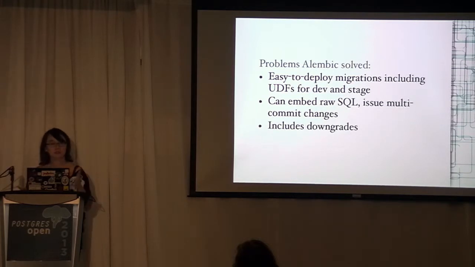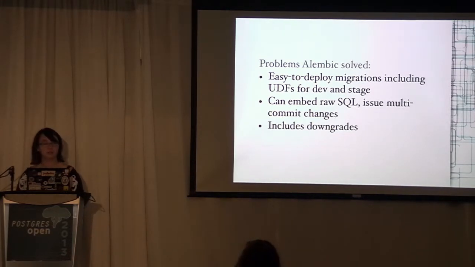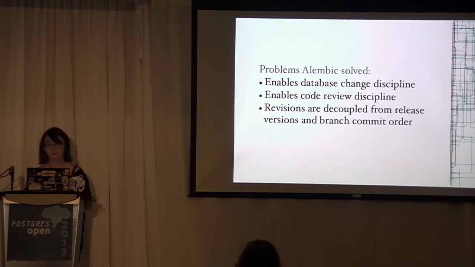So the problems that Alembic solved: it gave us some really easy to deploy migrations that the developers were going to use. I embed raw SQL in my migrations, which most people end up doing, and I also issue multi-commit changes, which I had to do for these check constraint changes. Otherwise, I was going to use up all the memory on the system. And Alembic by default includes a downgrade function, which I force people to implement.